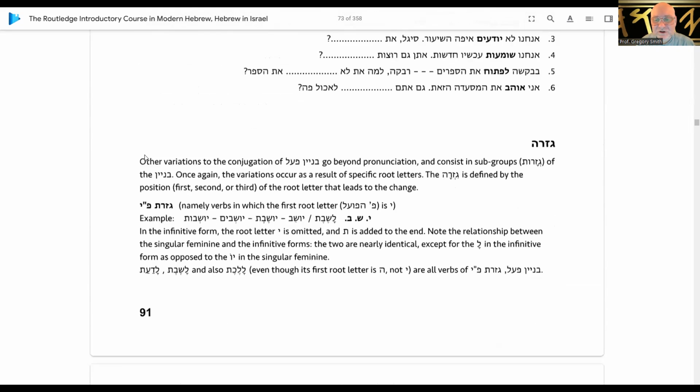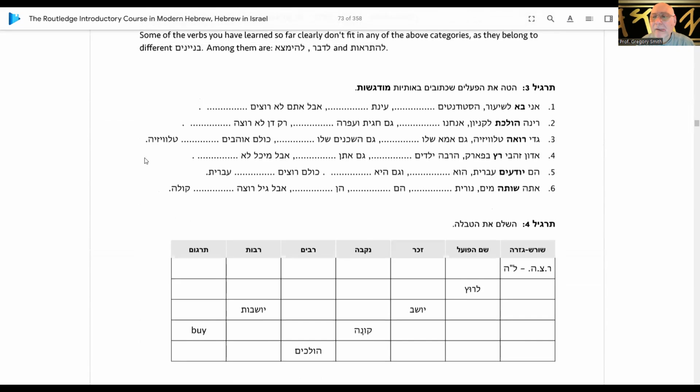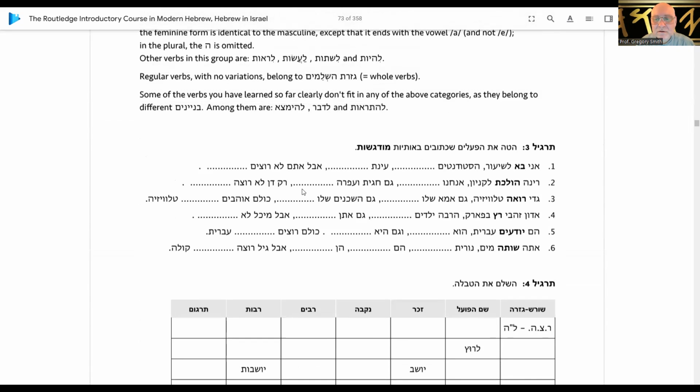So what I really need is a chart to figure this out. We are going. There we go. Let's try this here.